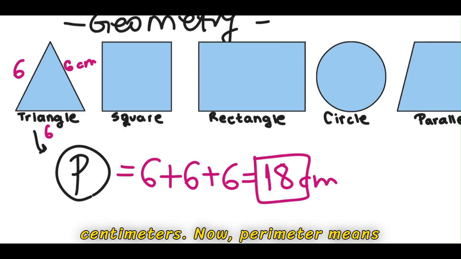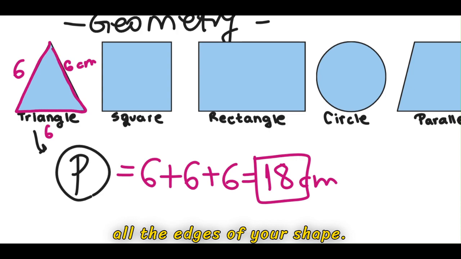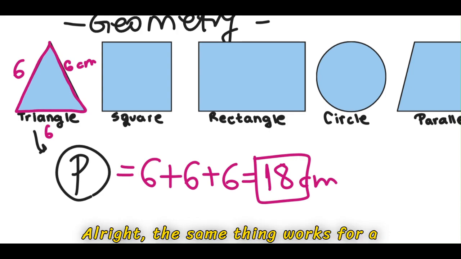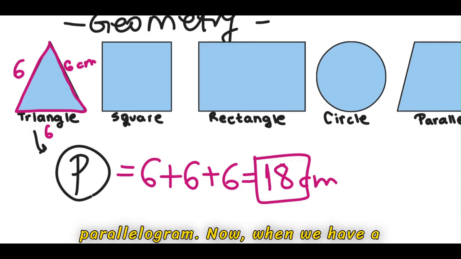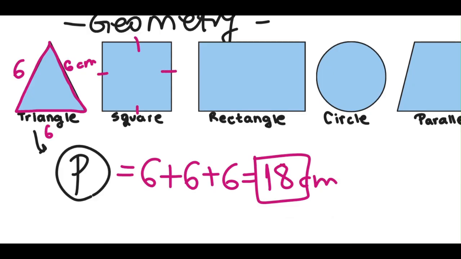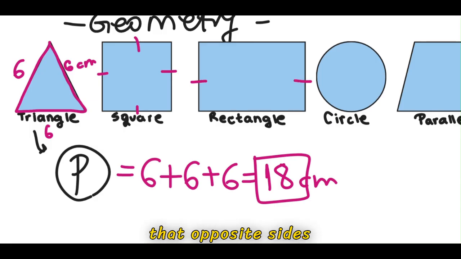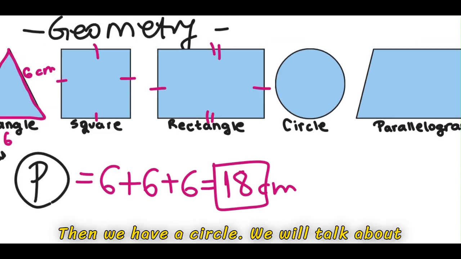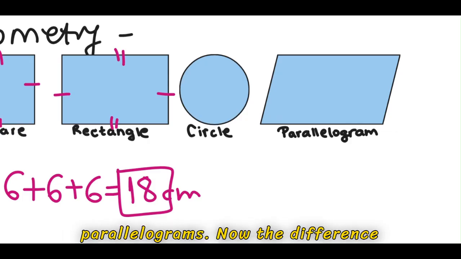Now, perimeter means to find the sum of the lengths of all the edges of your shape. The same thing works for a square, a rectangle, a circle, and a parallelogram. When we have a square, that means that all sides are equal, and when we have a rectangle, it means that opposite sides are equal. Then we have a circle. We will talk about circles in a second. And then we have parallelograms.